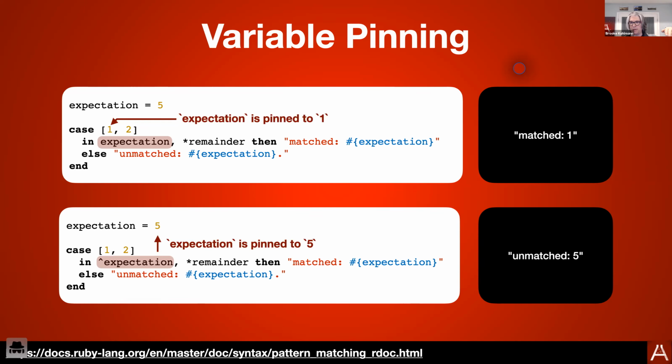But the case statement that we have is for 1 and 2. Well, 5 doesn't equal 1 in this case, and so we get the unmatched situation. You want to be really careful about this, by the way, because it can be almost too easy to accidentally have a local variable, but then use that same variable in your case expression and not realize that, oh crap, I'm actually using another variable there.